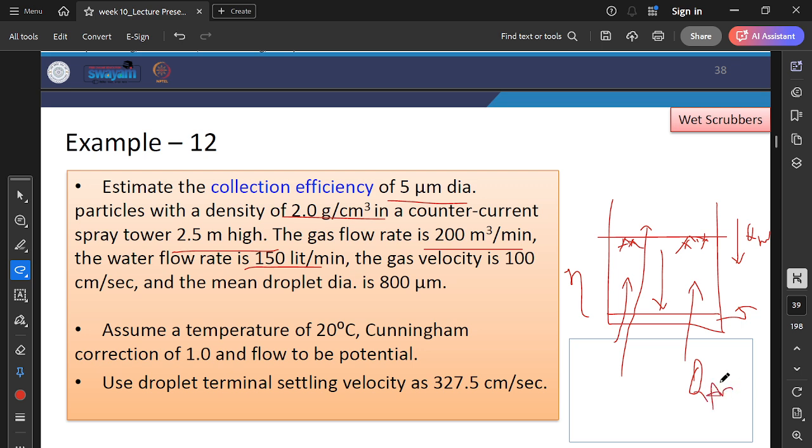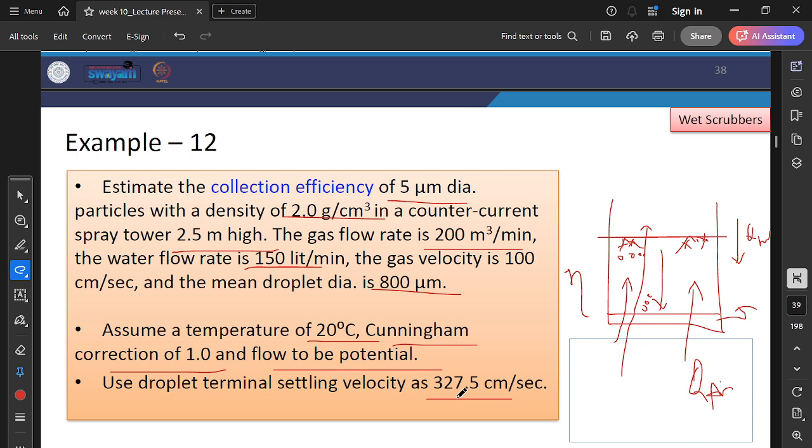Both are given. The gas velocity is 10. The diameter of the dust particles in the air is given, and the diameter of the water droplets is also given in the question. Assume the temperature is 20 degree, Cunningham correction of 1, and flow to be potential. Use the droplet terminal settling velocities. So the droplet settling velocity they have given.